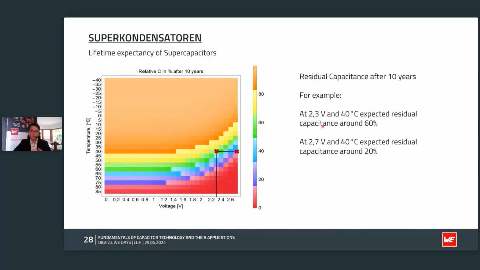For example, if you apply 2.3 volts at 40 degrees Celsius, the expected capacitance is around 60%. And for 2.7 volts and 40 degrees Celsius, the expected residual capacitance is around 20%. So sometimes it's important to do a lot of over design here.